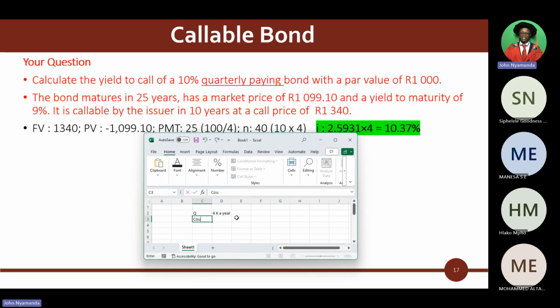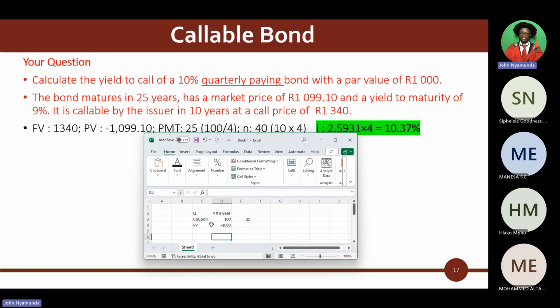Our normal coupon is 10% of 1,000, which gives you 100, the annual amount. But per period, because it's a quarterly paying one, this is divided by 4, 25. Now what is the present value? No problem. Our present value we know is 1099.